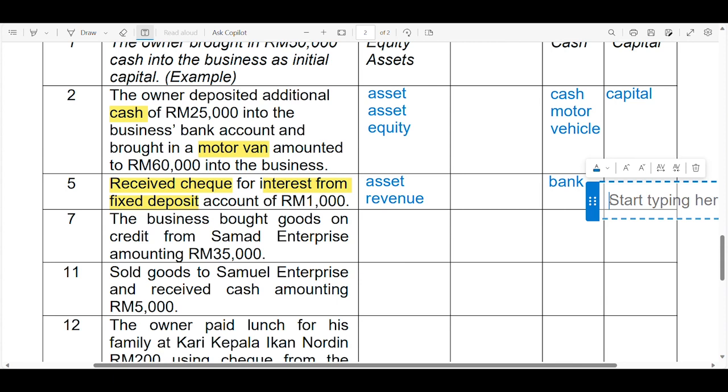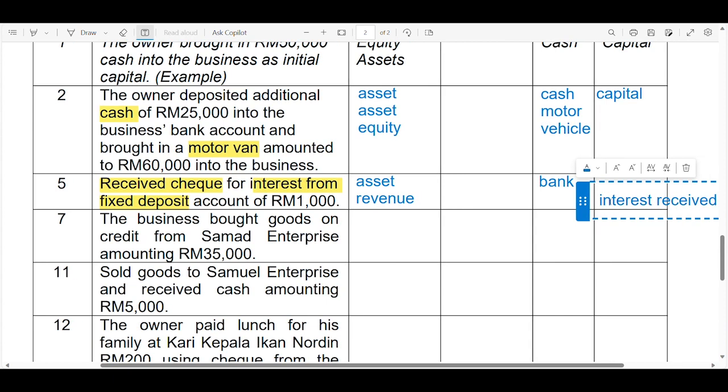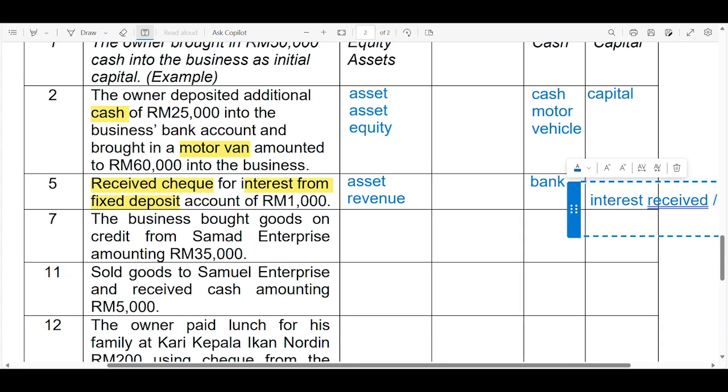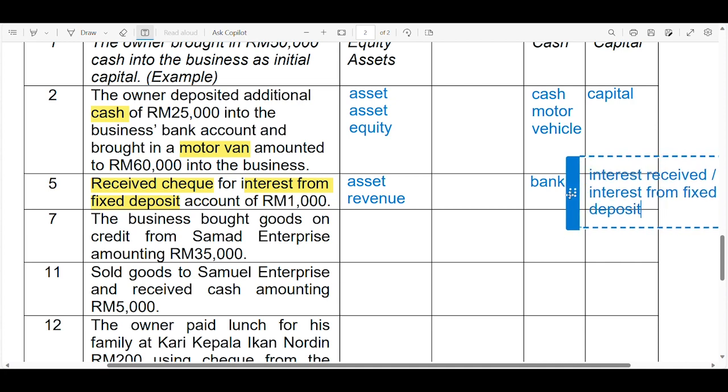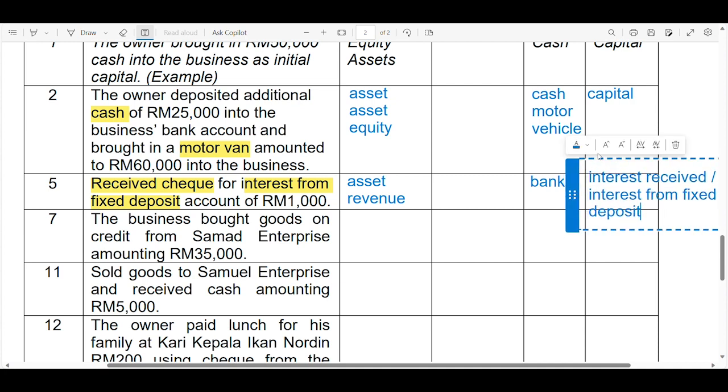Interest from fixed deposit. You may write it down as simply interest received, or interest from fixed deposit. Either one.